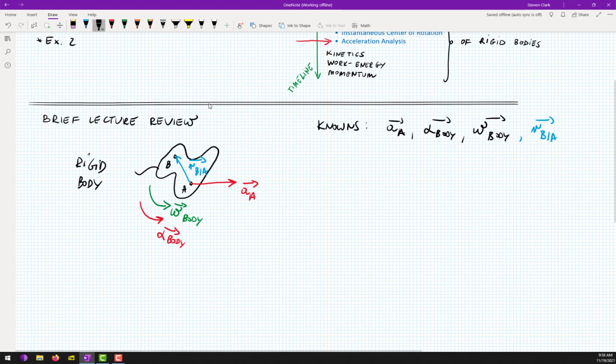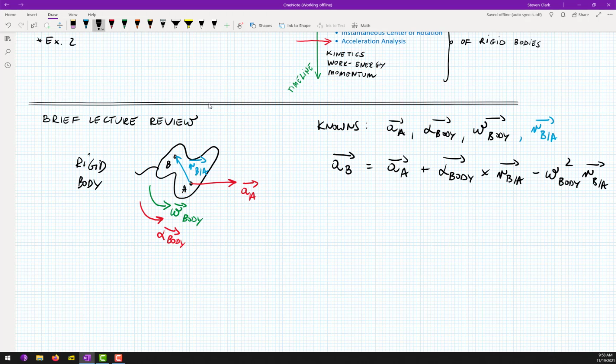Just in case you would like to calculate AB, you can use this expression: AA plus alpha body times RBA minus omega body squared RBA. This is for 2D motion.